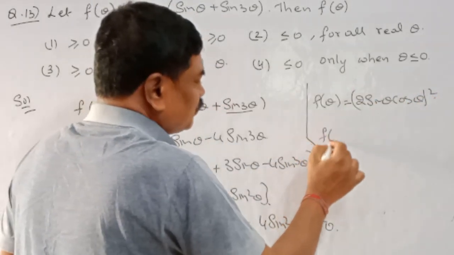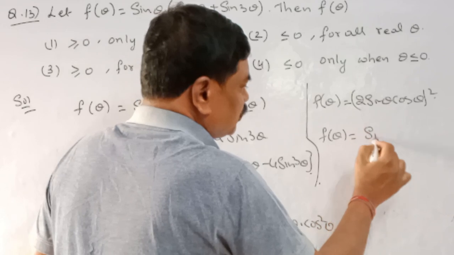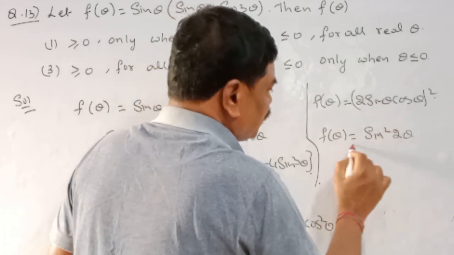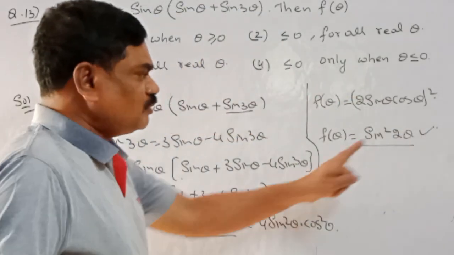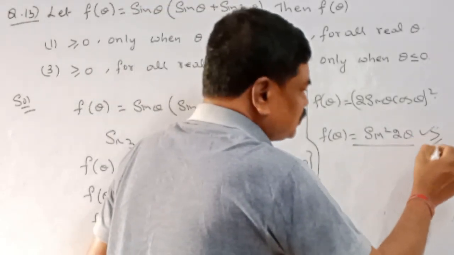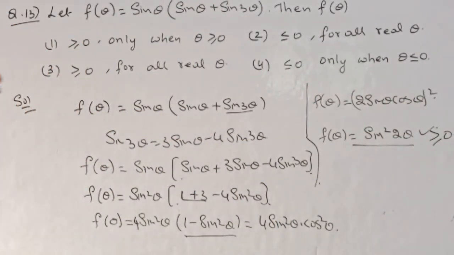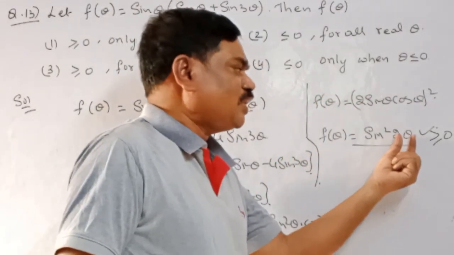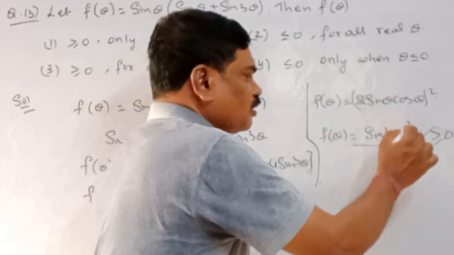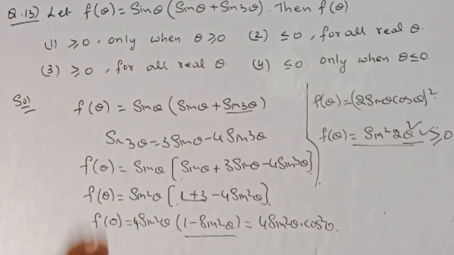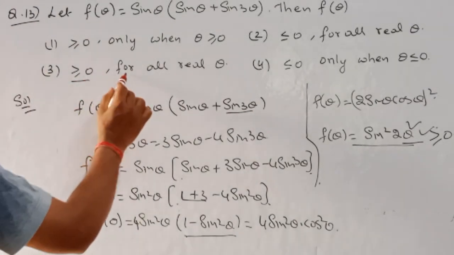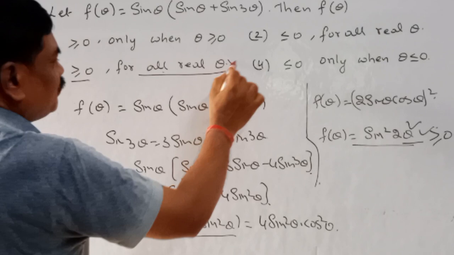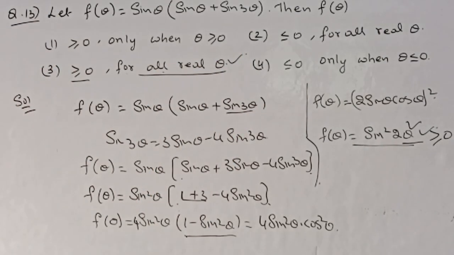This is f of theta is equal to sine square 2 theta, which is always greater than or equal to 0 for all real values of theta. So we say greater than or equal to 0 for all real values of theta. Okay, that's all.